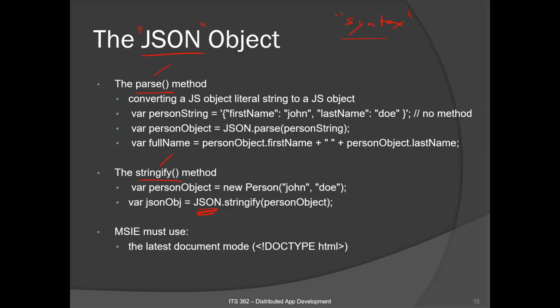So the parse method, as the name implies, right? It's something to do with reading, probably, right? Parsing, and then you have the stringify, which is a funny name, right? And that just means that, as the name implies, you take an object, and you stringify it, which basically means that you convert it into an actual string of some kind.